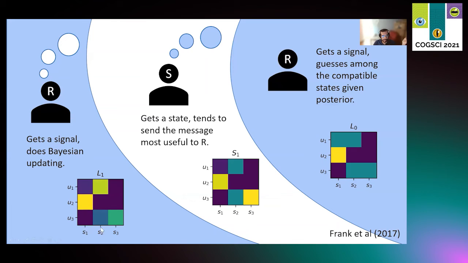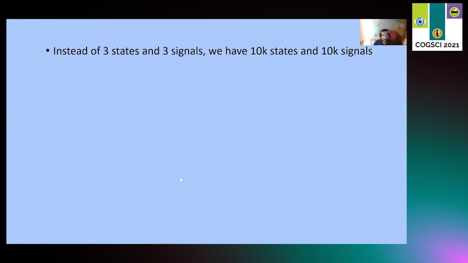So state 1 is not likely given utterance 1 because utterance 2 would be more useful than utterance 1 given state 1. So it is used by the pragmatic speaker more often. Okay, so instead of 3 states and 3 signals, we have 10,000 states and 10,000 signals.